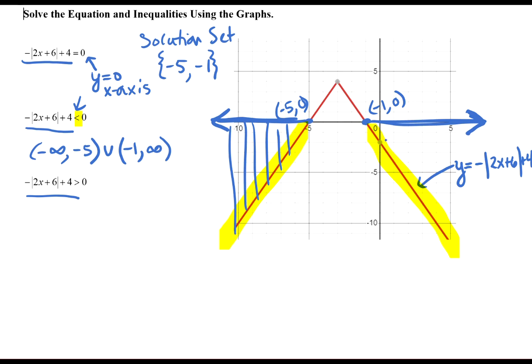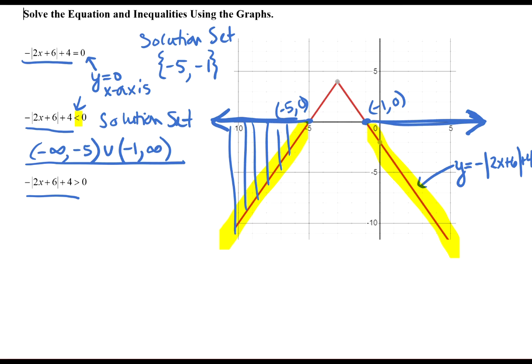Sometimes when people see the graph going down, they want to say it's going to negative infinity, but that would be the y value. What we care about for solutions is the x values. So our solution set for this less than inequality would be the union of two individual intervals: negative infinity to negative 5, union negative 1 to infinity. And again, you don't include either negative 5 or negative 1 because of the strict inequality.